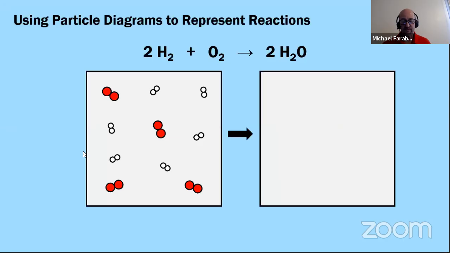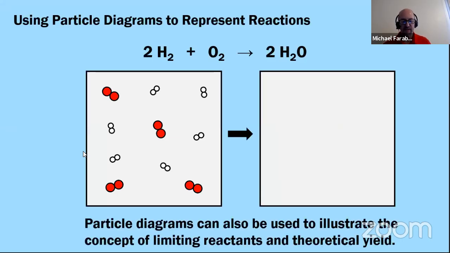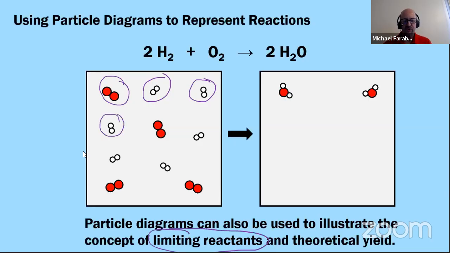Now, you can also use particle diagrams to illustrate the concept of limiting reactants. So in this case, I have not given you exactly a 2-to-1 ratio between hydrogen and oxygen. So here are 2 molecules of hydrogen and 1 molecule of oxygen. That would make 2 molecules of water. Here's another 2 molecules of hydrogen and 1 molecule of oxygen.